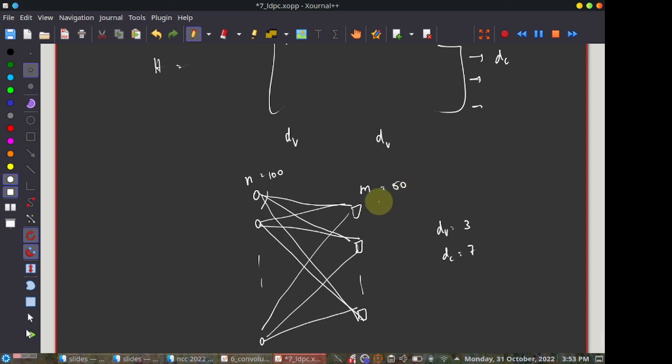My question is, does there exist any graph that has exactly n left nodes, m right vertices, the degree of every left vertex is equal to 3, and the degree of every right vertex is equal to 7?